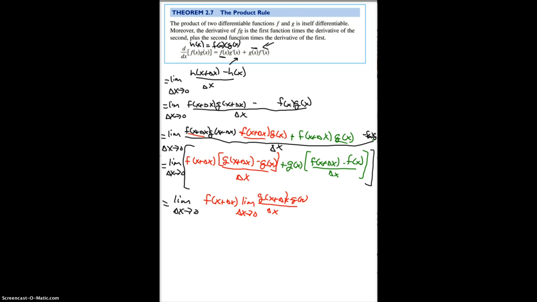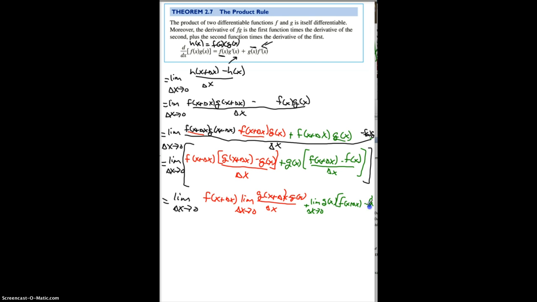And then I'm going to switch to green here, and we have to write kind of small, plus the limit as delta x goes to 0 of g of x times f of x plus delta x minus f of x, I'm out of room there, divided by delta x. I think you see what I'm doing here.